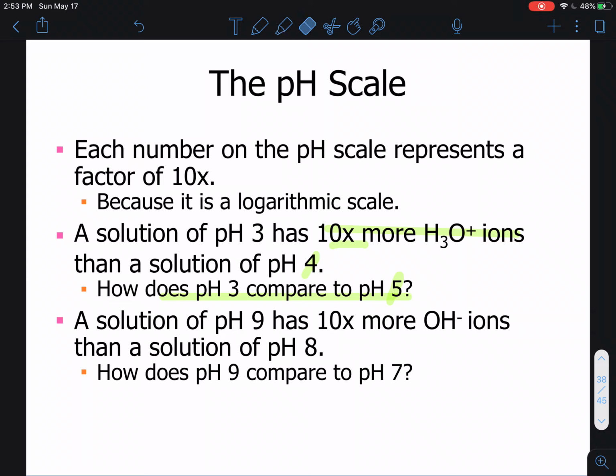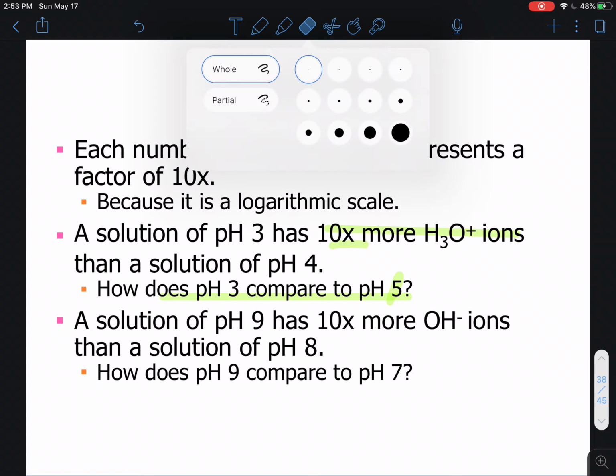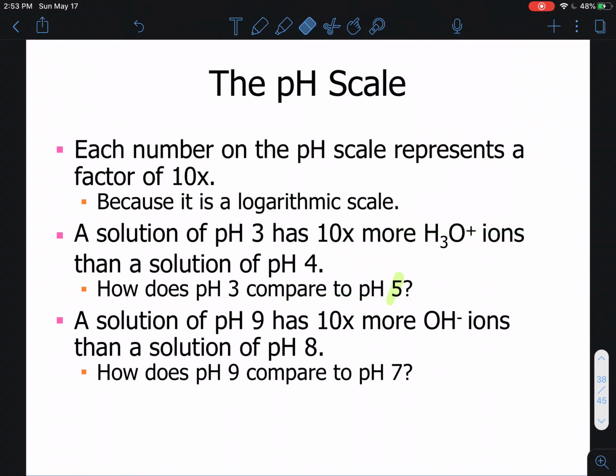Just to make sure that you also remember, if we're comparing two solutions, the solution that has a lower pH is going to have more hydronium ions.